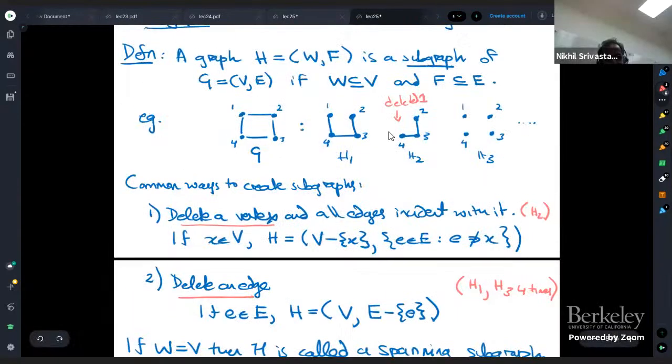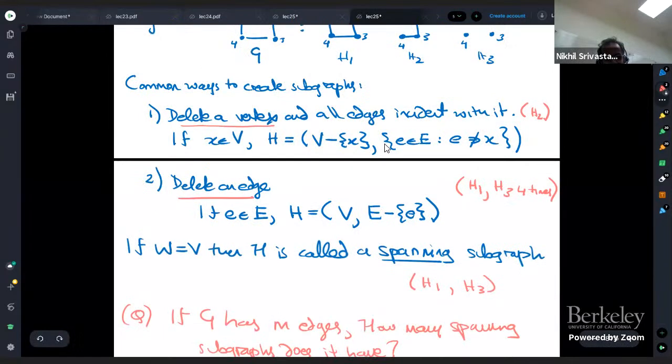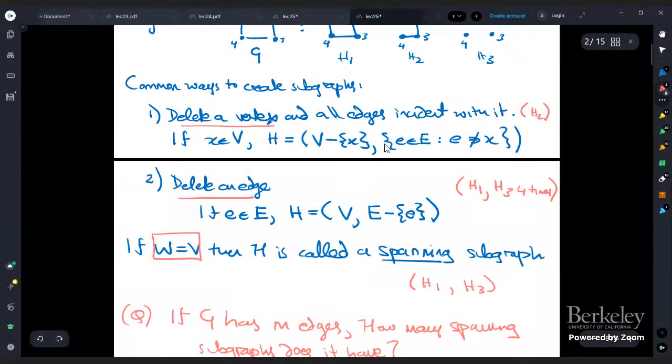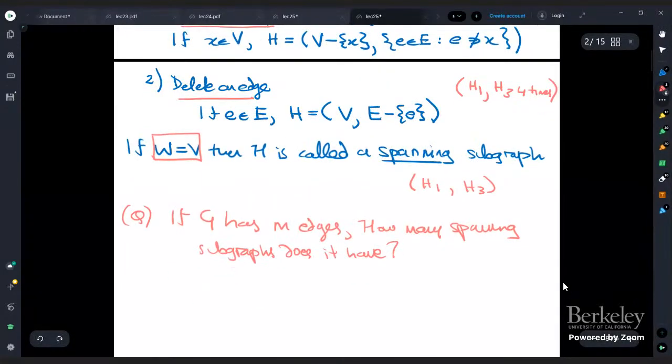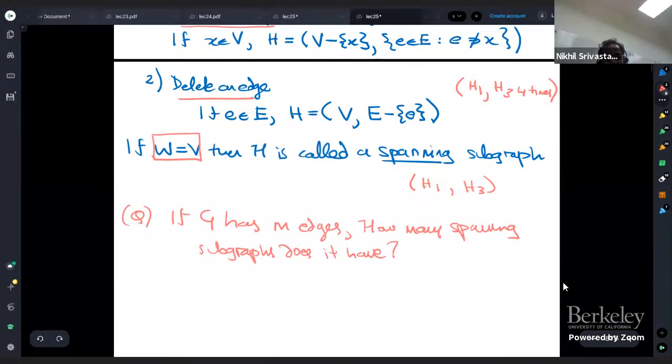Well, let's think about this. Spanning subgraph means you keep the set of vertices the same. Oh wait, you just remove some number of edges, so that would be 2 to the m power, I think. Exactly, yeah. Every spanning subgraph is uniquely defined by choosing a subset of the edges of G. So the answer to this question is 2 to the m, corresponding to the power set of the edge set of G.